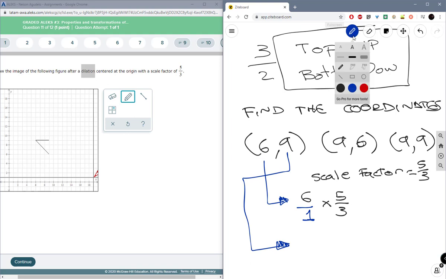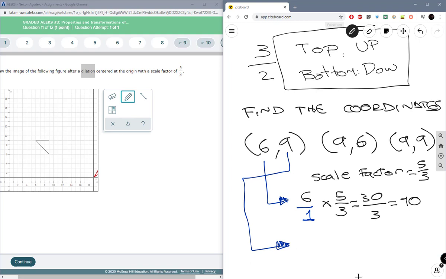And then you multiply straight. 6 times 5 is 30, and 1 times 3 is 3. You can do normal simplification, or you can divide these two numbers, because fractions also represent division. So 30 divided by 3 is 10.